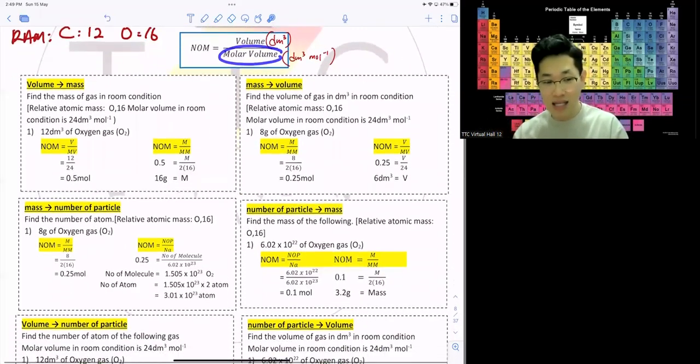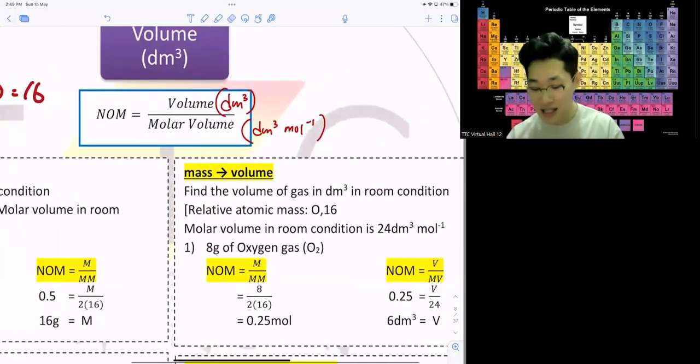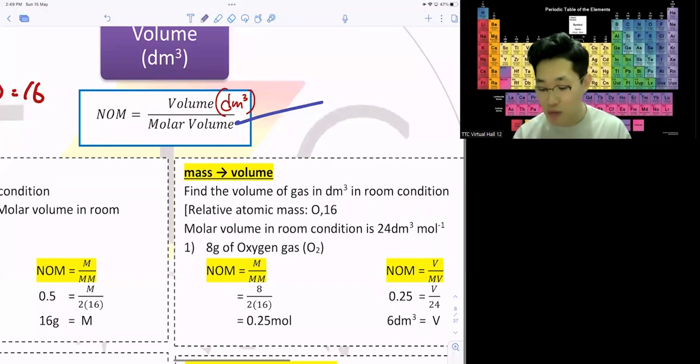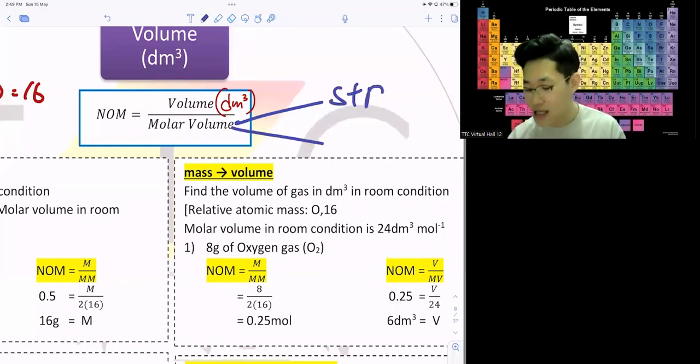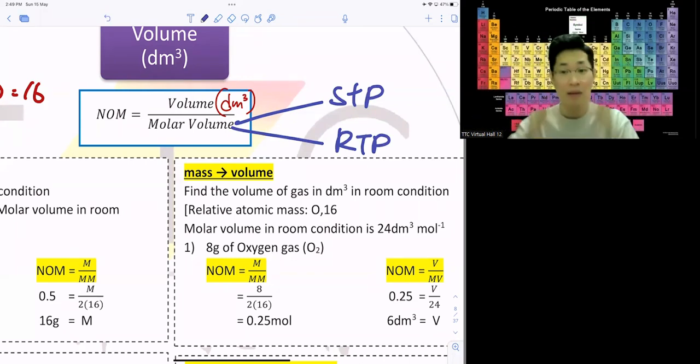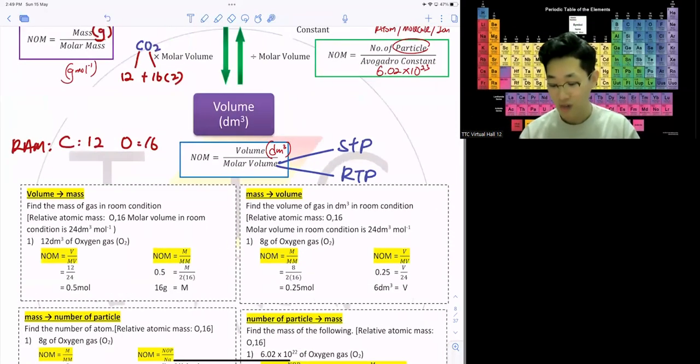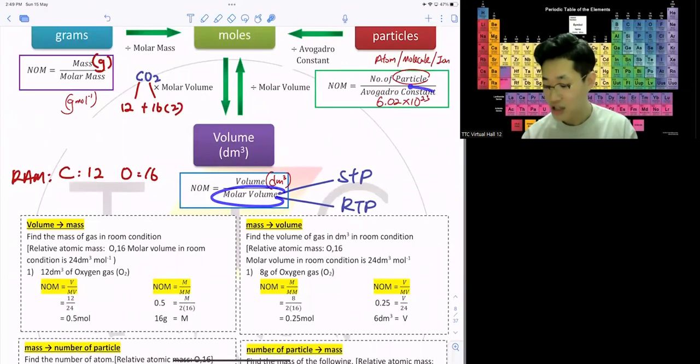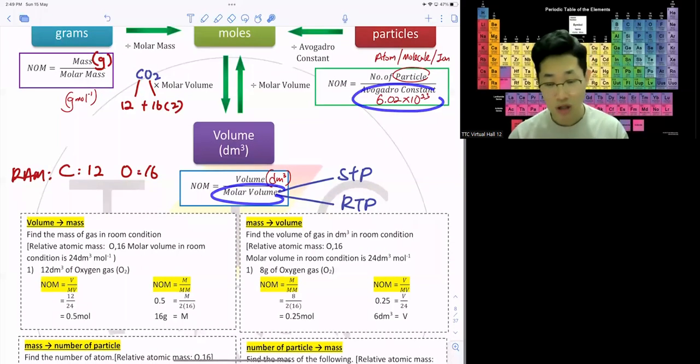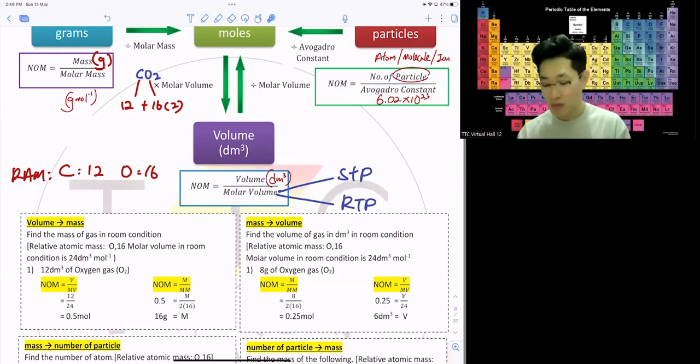One is STP, another is RTP. They will mention in the question, STP or RTP. You straight away take the value and put it in. For molar volume, and for 6.02 times 10 to the power 23, it will always be given.